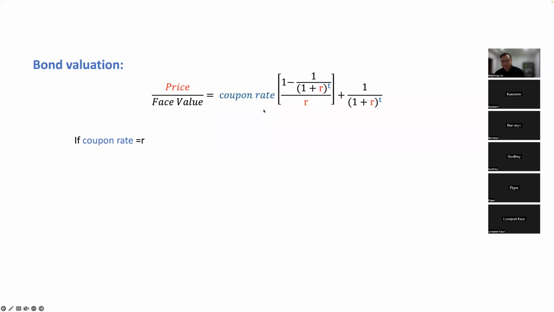So at any time, it's going to be a market price, right? Because you are buying this bond in the market. So whatever bond price you are going to pay, that will be the market price. How does this market price compare to face value if the coupon rate equals the market rate?